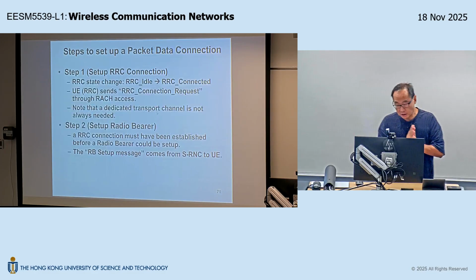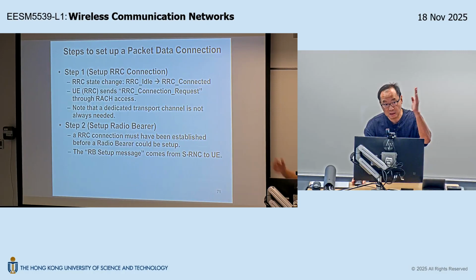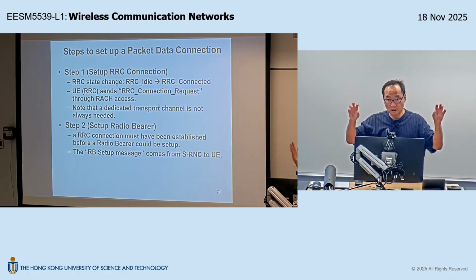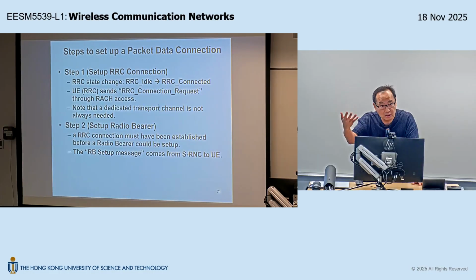Remember, we were having a concept of a radio bearer. A radio bearer is a logical connection between the UE and the serving RNC. So it's just like a virtual connection, supported by the RLC. The RLC, radio link control, turns an unreliable logical channel into a reliable logical channel.